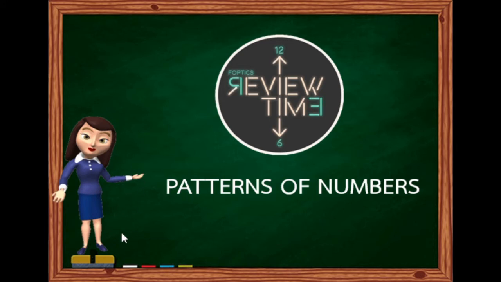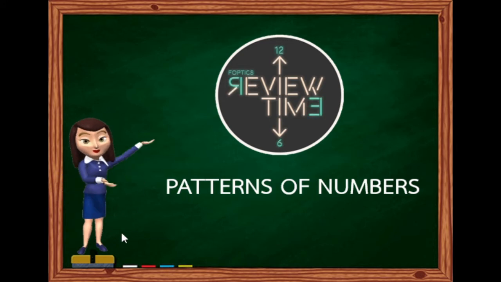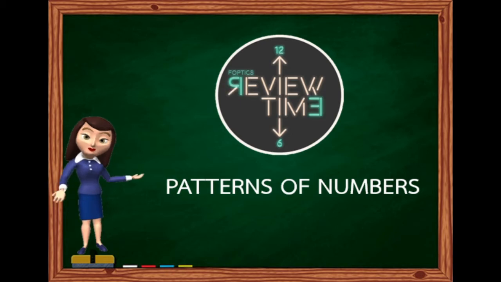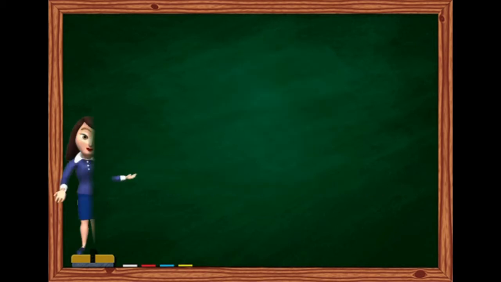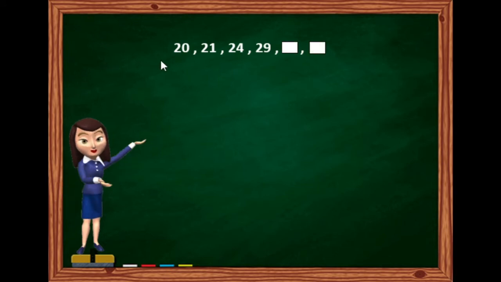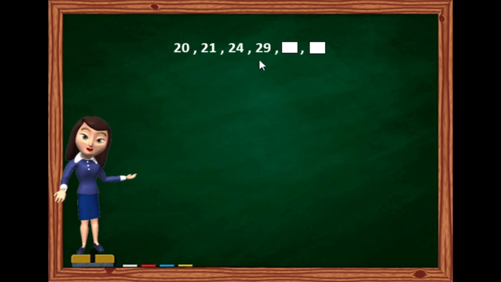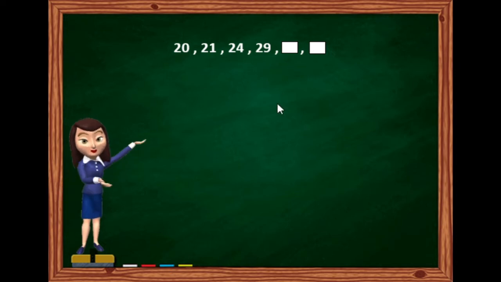Let's take at least 3 examples from last time and review how to get it. For instance, we have 20, 21, 24, and 29. We need to look for the next 2 digits. How are we going to do it?